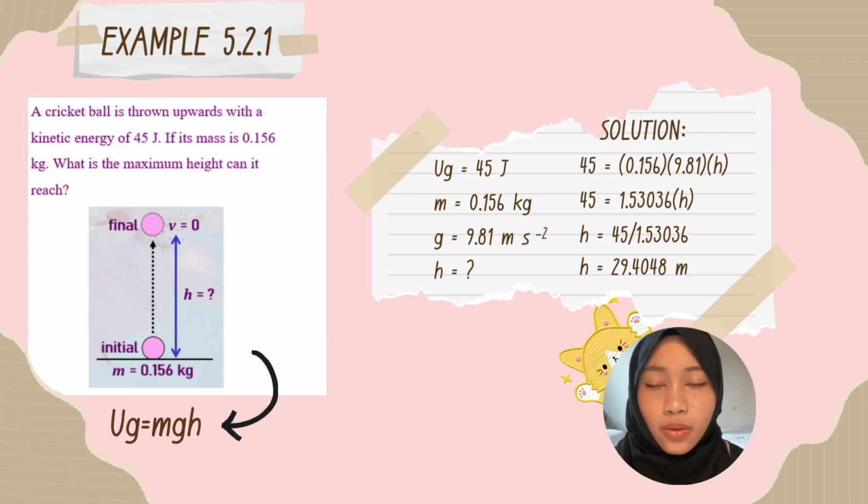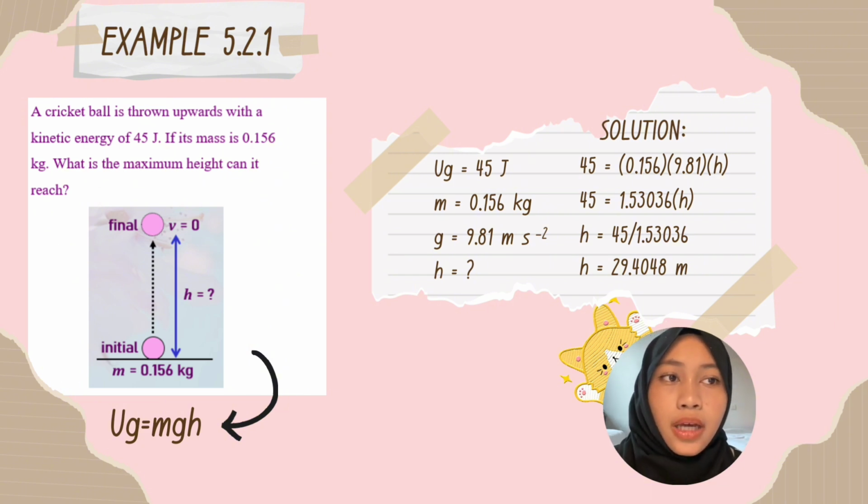If its mass is 0.156 kg, what is the maximum height it can reach? We are going to use the equation Ug equals m times g times h. So Ug is 45 joule, m is 0.156 kg, g is 9.81 m s negative 2, and we need to find h.